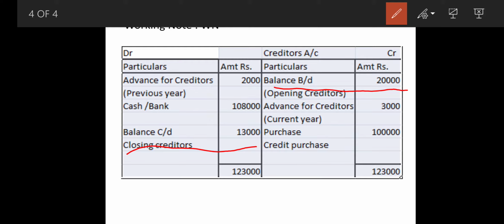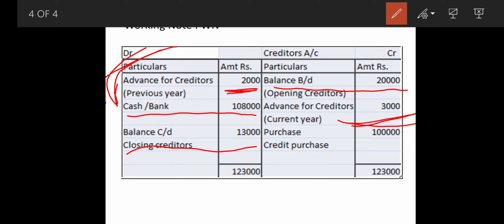Now there is payment to creditors also, to cash or bank 1,08,000. Now under this, advance to creditors: previous year they had paid some advance. Here look at this, advance 2,000, which I highlighted, goes to the debit side of creditors. Transfer that to the debit side. And advance for creditors current year 3,000, so transfer that to the credit side, 3,000.